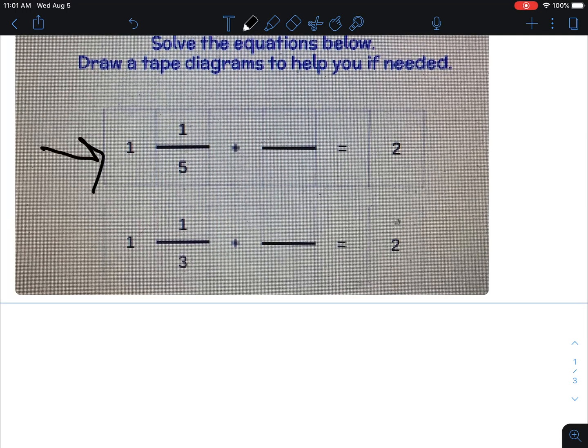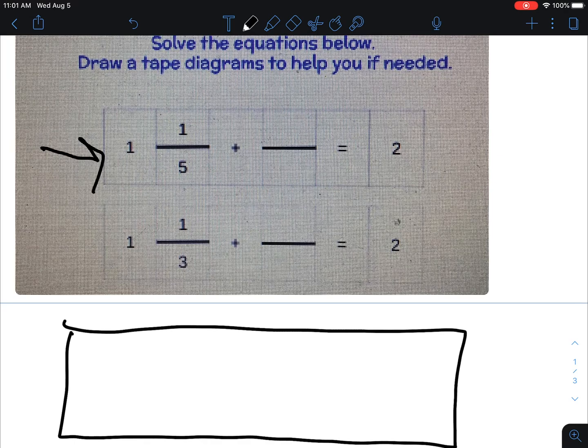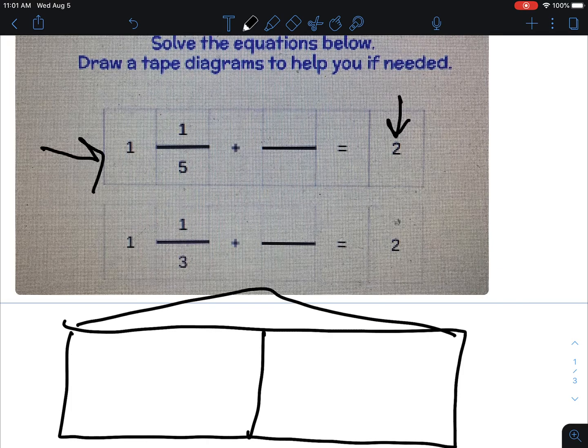All right. So I'll do this first one here for you. So when you're adding, remember, you're going to get bigger. So the great thing is they give you the answer, right? They're telling you you're going to end up with 2 pieces on your tape diagram. So what I would do is I'd draw the whole thing. Okay, so this whole thing represents 2.